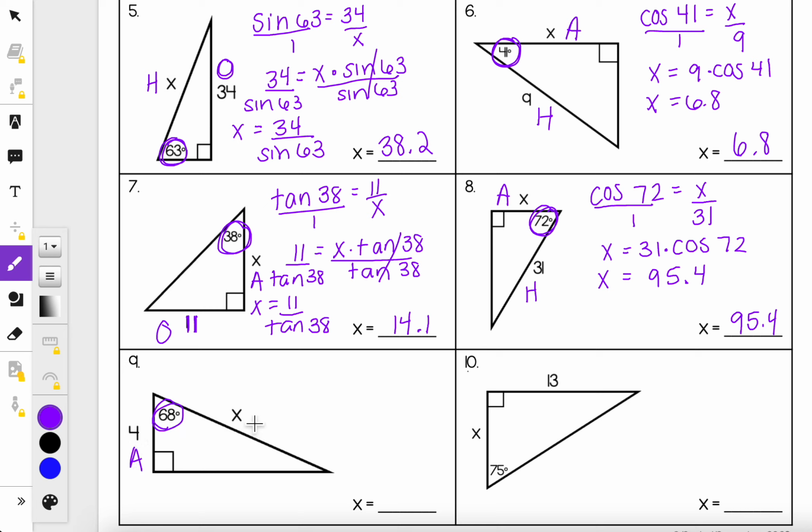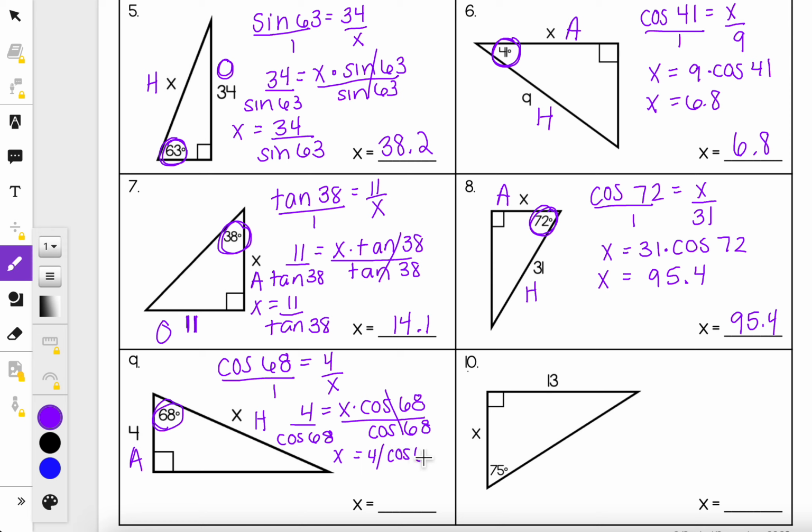We have our adjacent, we have our hypotenuse. So I'm going to use cosine of 68 degrees equals my adjacent over hypotenuse. So 4 equals x times the cosine of 68. Divide both sides by the cosine of 68. So x equals 4 divided by the cosine of 68, which is 10.7.